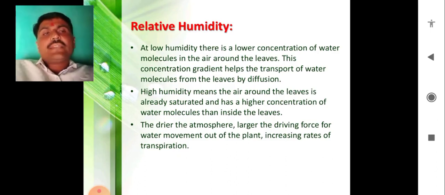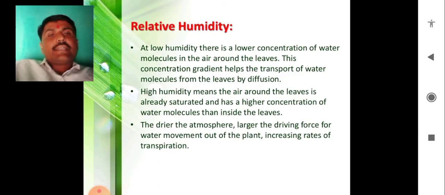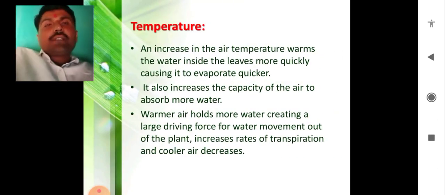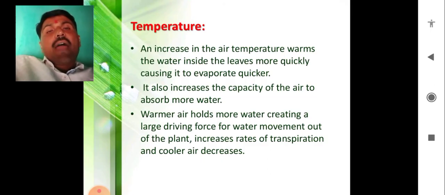So, the drier the atmosphere, the larger the driving force for water movement out of the plant, which increases the rate of transpiration. This is one of the factors, the relative humidity.